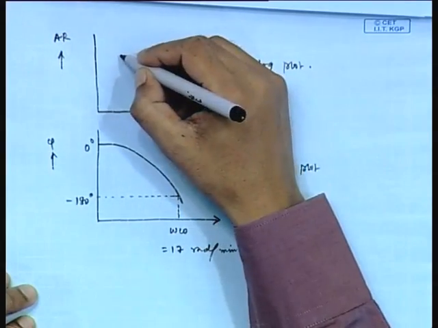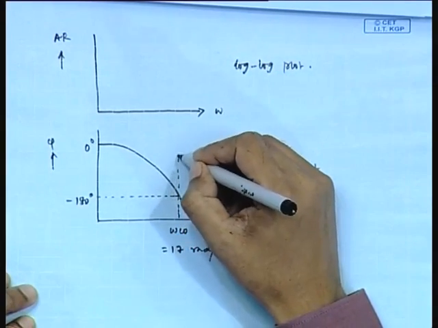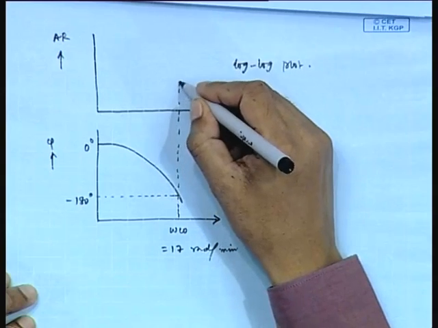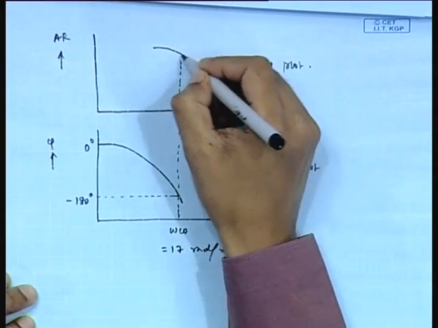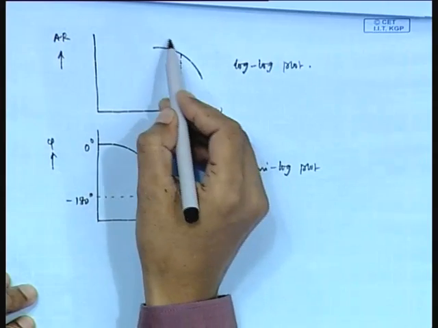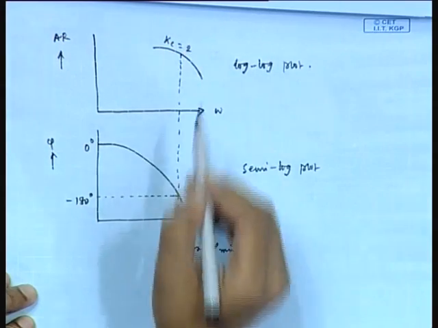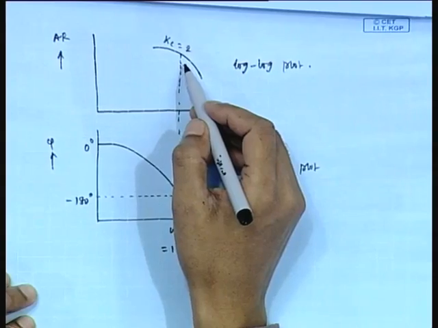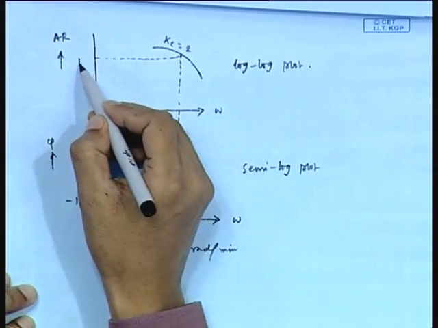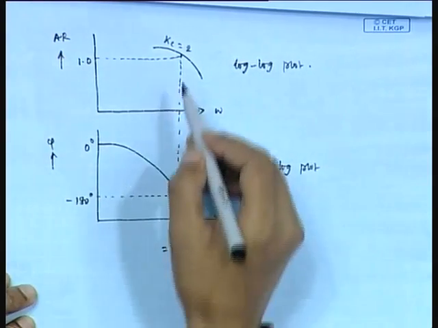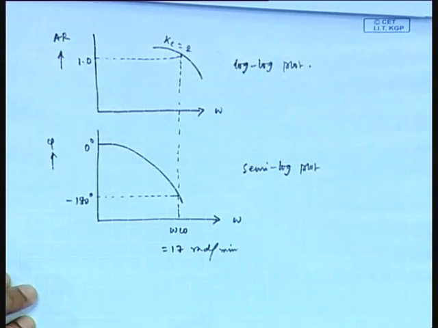Now, this is the plot when Kc equal to 2. At crossover frequency, how much is amplitude ratio? 1, definitely when Kc is equal to 2.